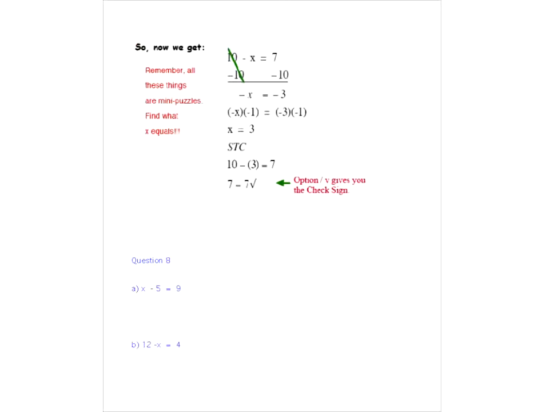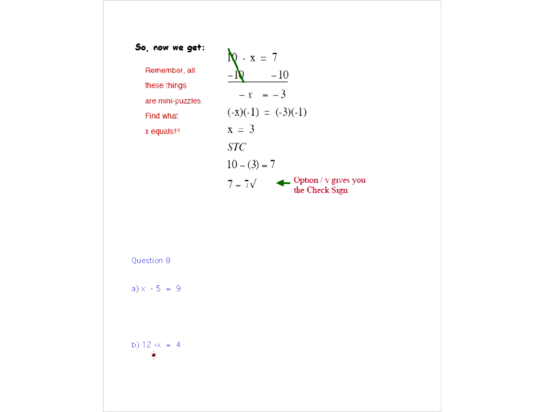Going on to the next one. Okay, so this is just showing the steps here. So let's see if you guys can get these. x minus 5 equals 9. What would that be? Okay, and you can either do it in your head or you could add 5 to both sides of the equation.